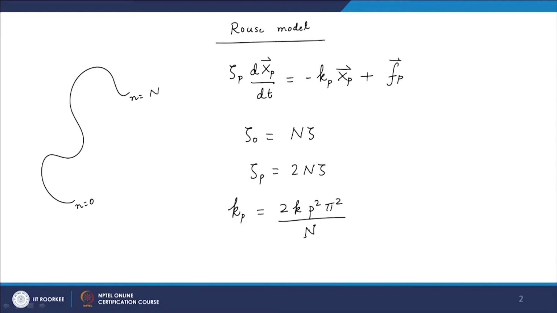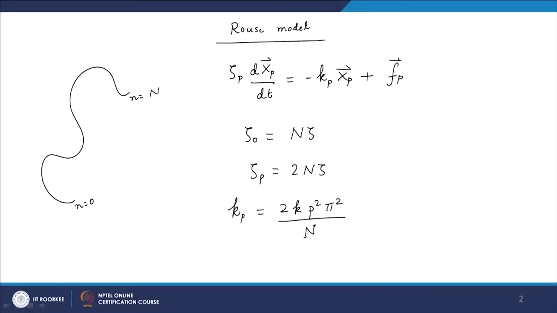Now, you can note here that we do not write a separate equation for p equal to 0, because if I put p equal to 0 here, it is anyway 0. So, the prefactor does not really matter for the p equal to 0 case.